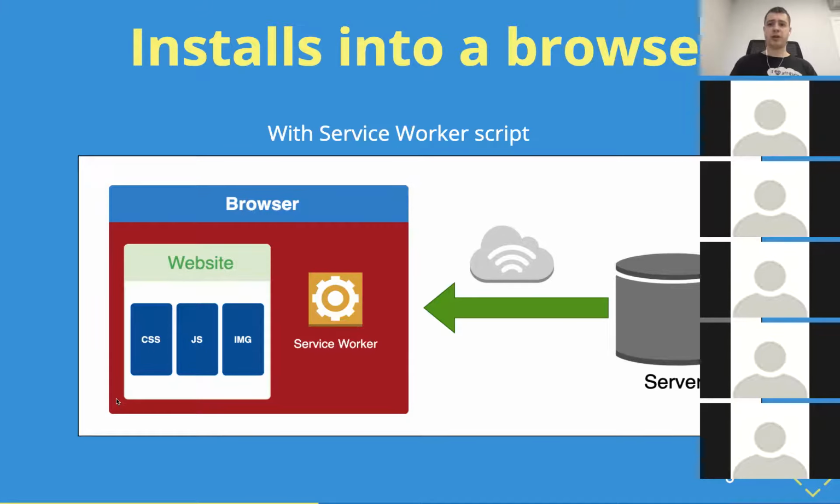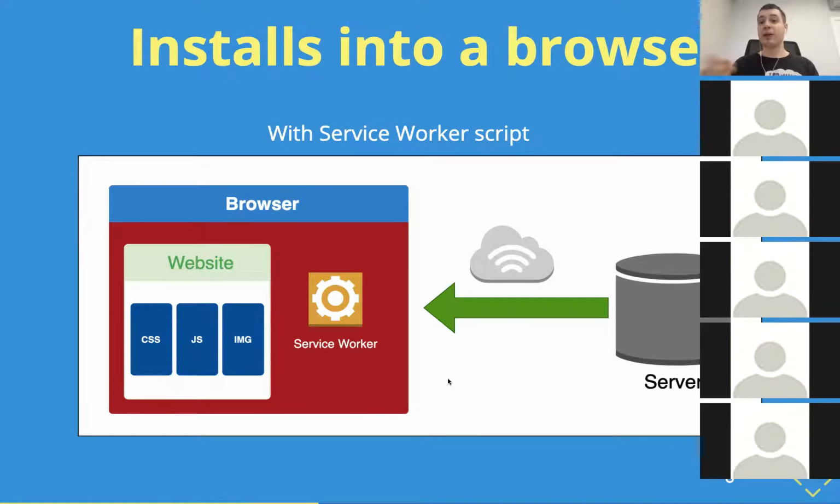The service worker doesn't have any access to the website data. It can still interact with the website through the asynchronous messaging system in browsers, but it no longer has access to the objects or the data within the website itself.